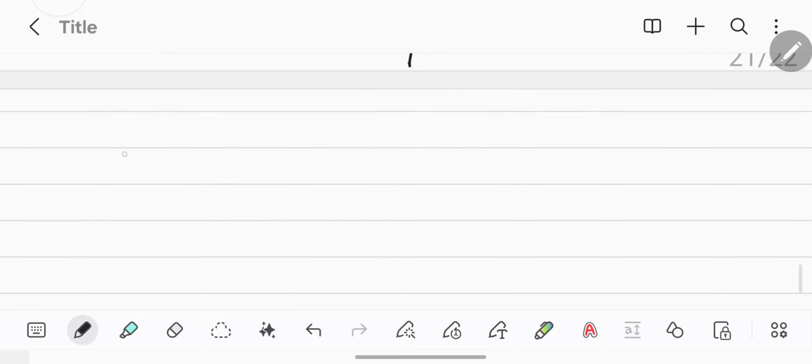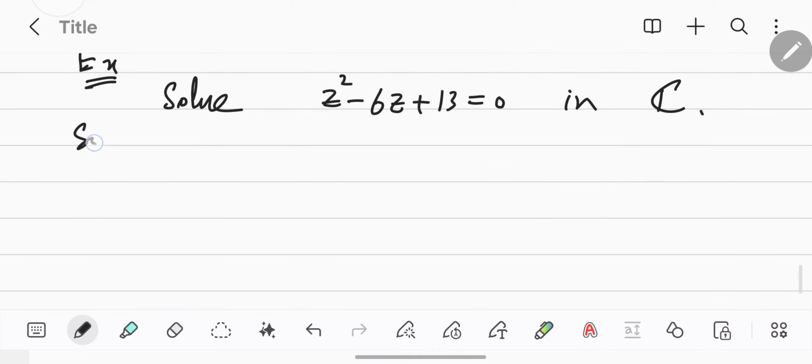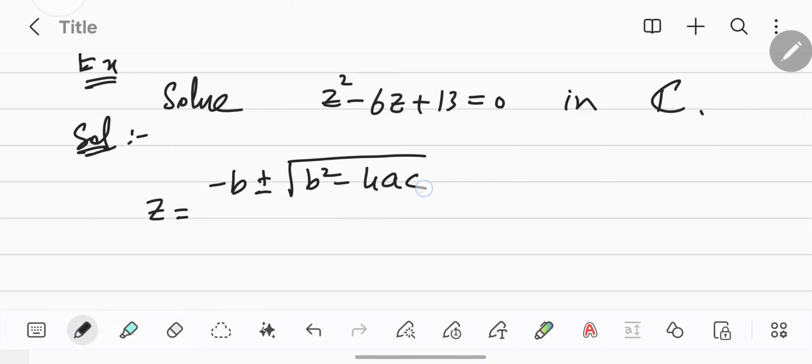Okay, here we have an example. Solve the quadratic equation z² - 6z + 13 = 0 inside C. Okay, here is the solution. We have the formula z = (-b ± √(b² - 4ac)) / 2a.